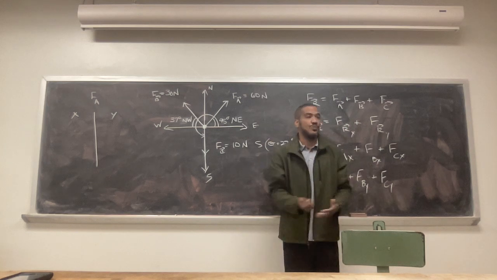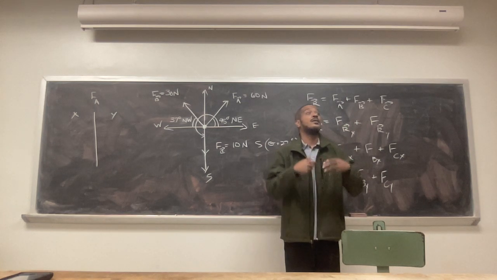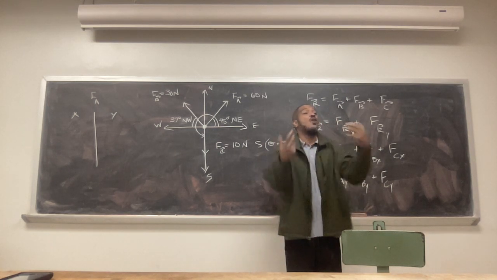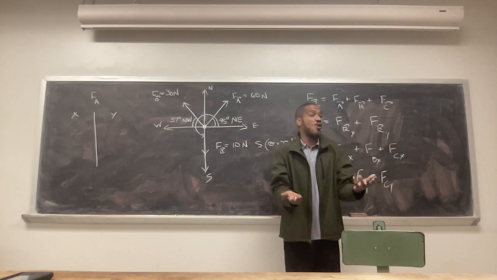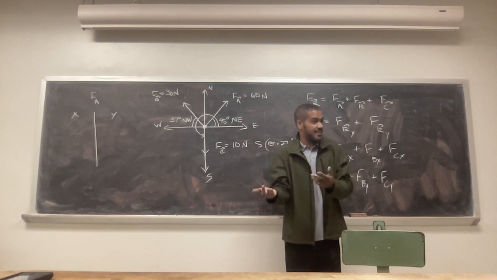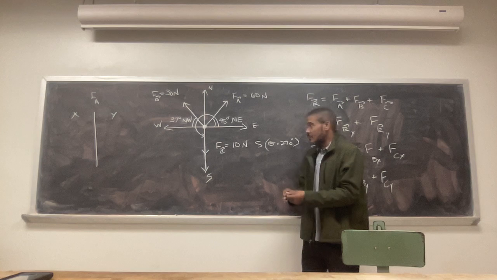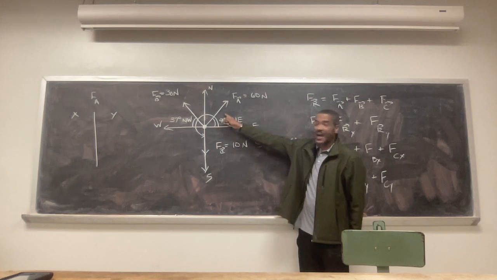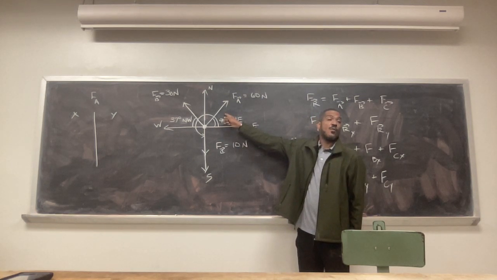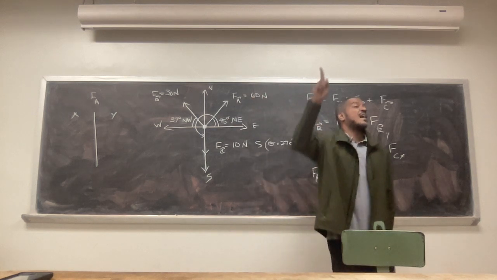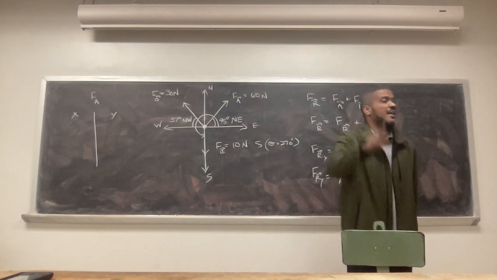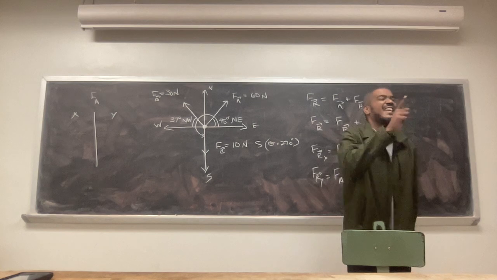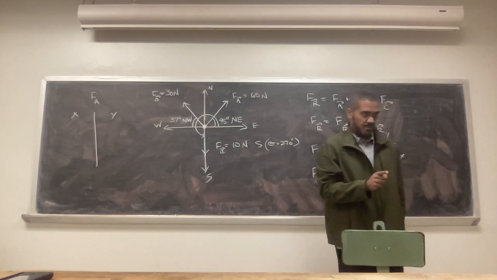What does it tell you? It tells us how far along each direction. So how do I identify the Y component of force A? It identifies how long the vector goes in that direction.